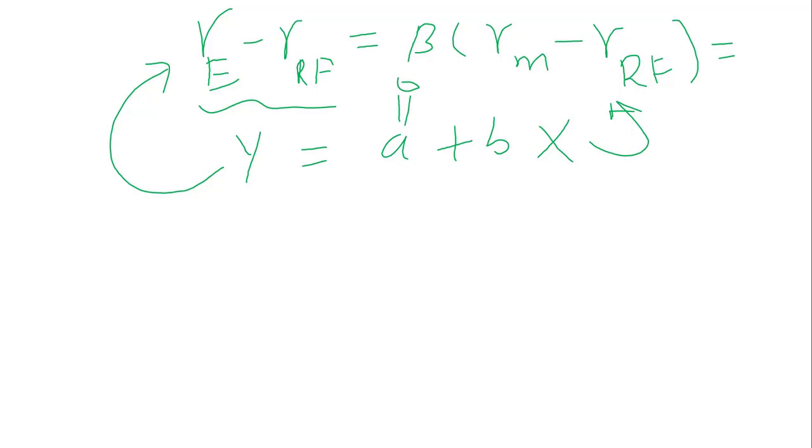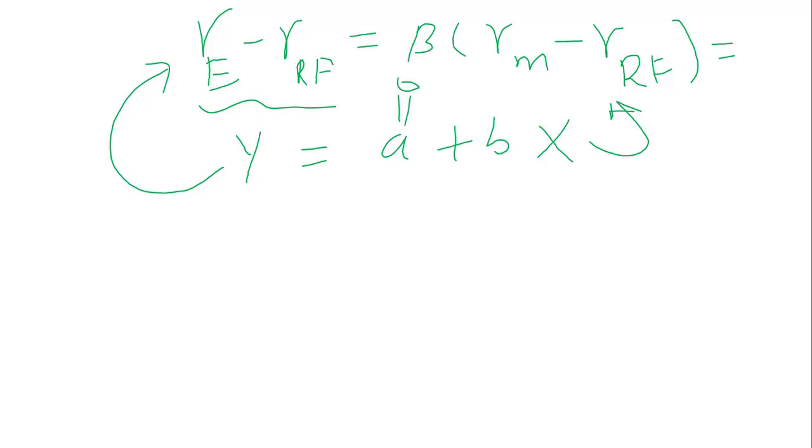That's why we can look at the value of a when we compute it using the stock return, and then use that value of a to evaluate the performance of a stock or a portfolio.